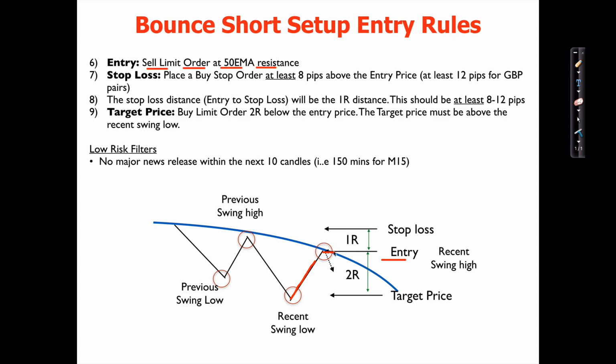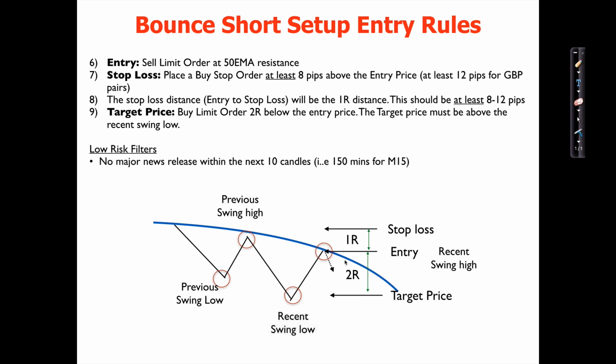So my sell limit order is there. So the moment it hits my sell limit order or higher, it will fill the order. And again, I'm hoping that once it fills the order, it goes up slightly and goes all the way down. All right. So this is a more aggressive way to trade it.